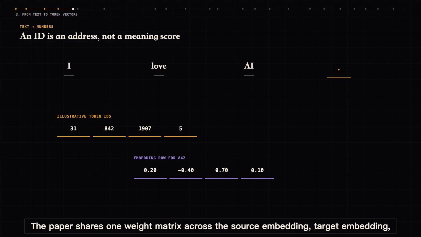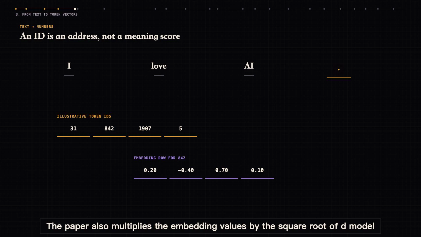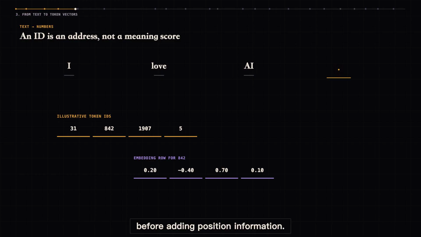The paper shares one weight matrix across the source embedding, target embedding, and the linear transformation before the output softmax. That technique is called weight tying. The paper also multiplies the embedding values by the square root of D model before adding position information.